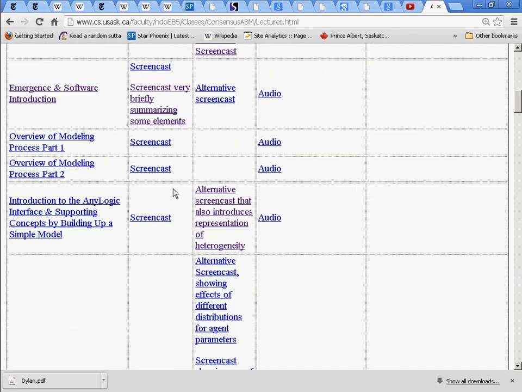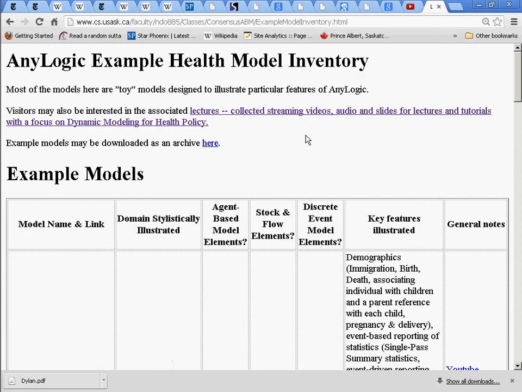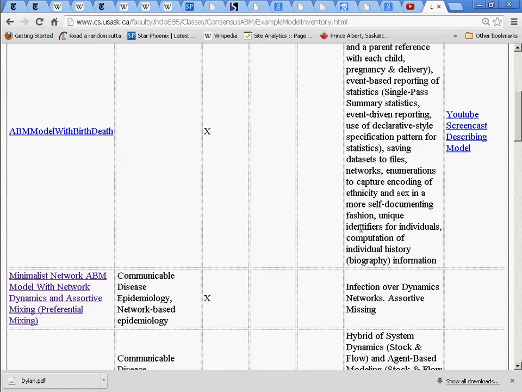But more critically, up towards the top of this page is an example model inventory. This model inventory provides a description of a subset of the models that I provided to you as part of this boot camp. But what you'll notice is that some characteristics of models are described.